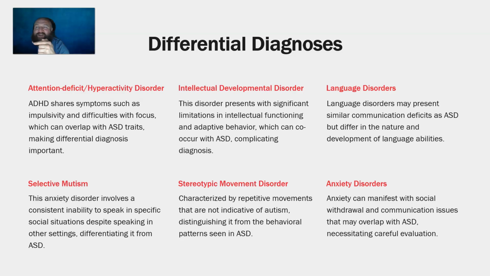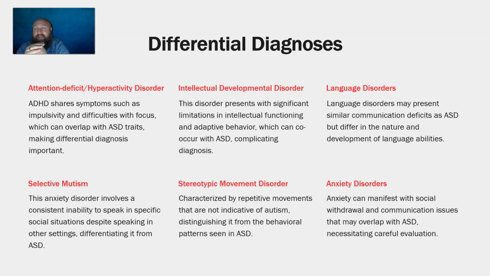The differential diagnoses are other suggestions of what the diagnosis could be, right? So some of these are really close, and basically it's sort of the DSM's way of saying, before you make a diagnosis of ASD, consider some of these disorders and make sure you rule them out before you make that diagnosis, because they can share some features.